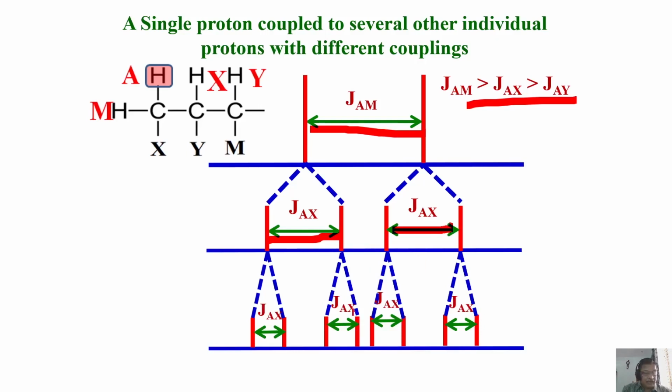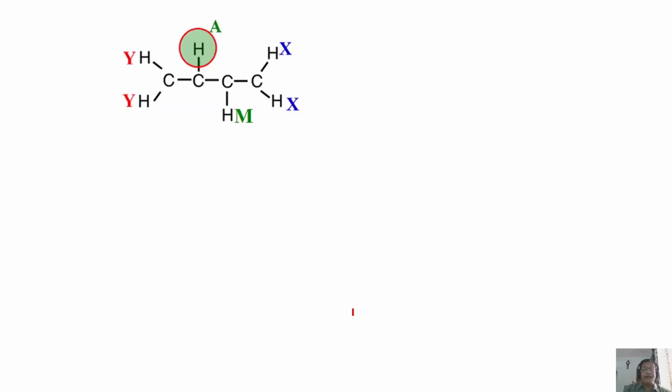This we observed. We discussed it a couple of classes before. So now you call this pattern a DDD, doublet of doublet of doublets. Similarly, you can work out varieties of nomenclatures. This is another example I took. I am giving more examples because in the chemistry class, these are all very important to analyze your complex molecules.